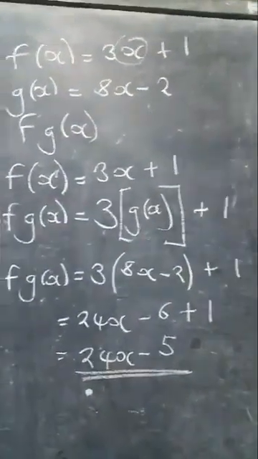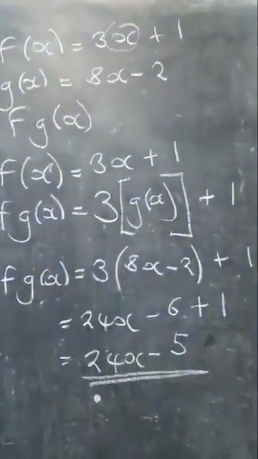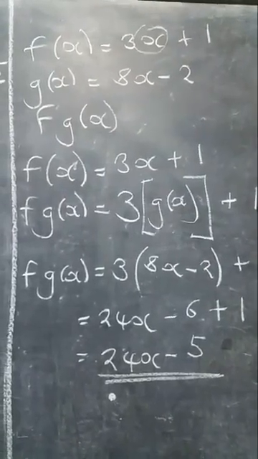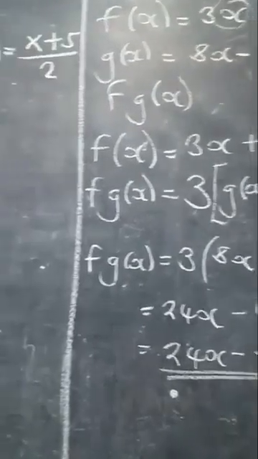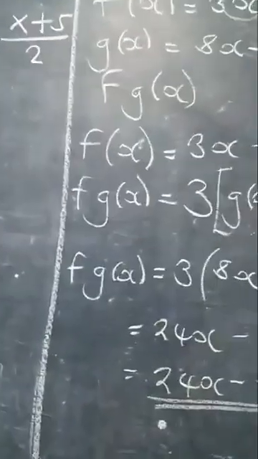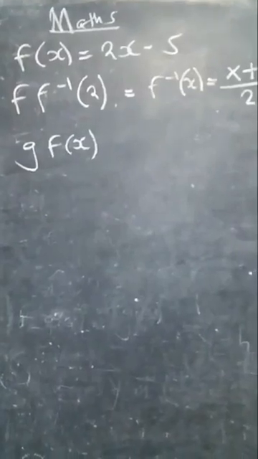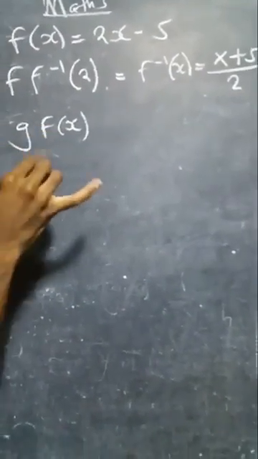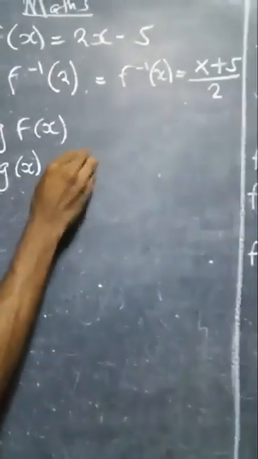So we were finding fg of x. Now let's find gf of x. We know g of x is equal to 8x minus 2.